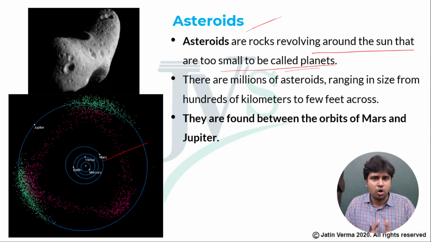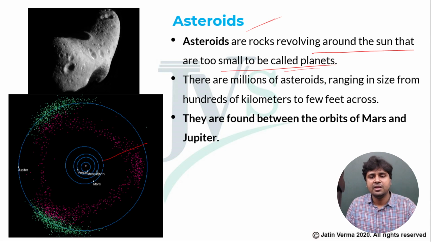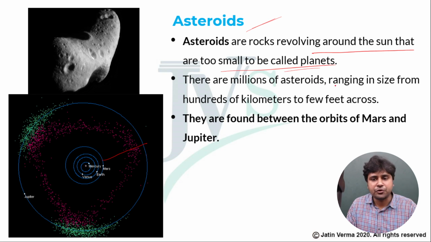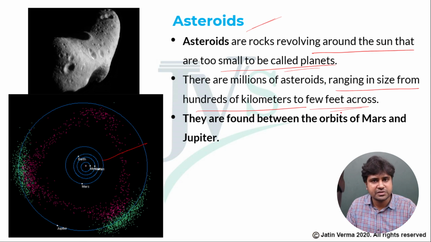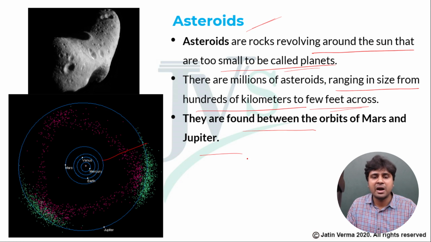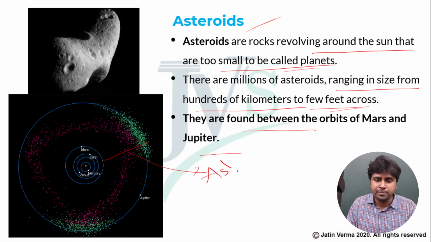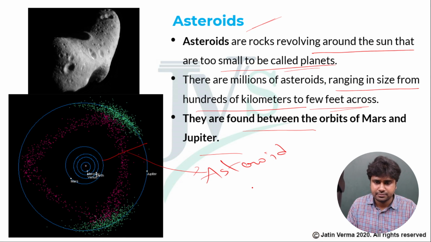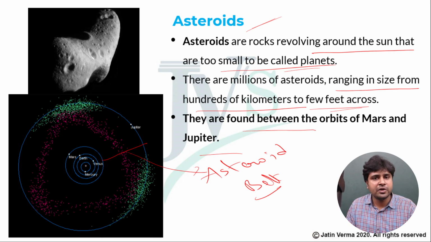There are millions of asteroids ranging in size from hundreds of kilometers to a few feet across. They are found between the orbits of Mars and Jupiter, and this area is called the asteroid belt. Clear?